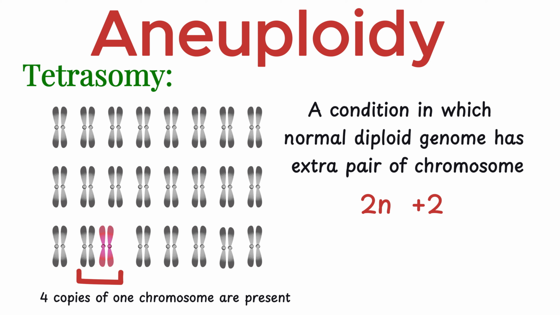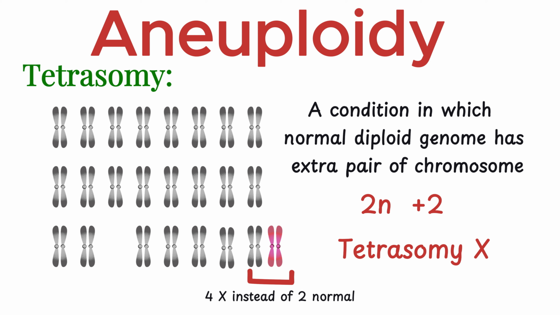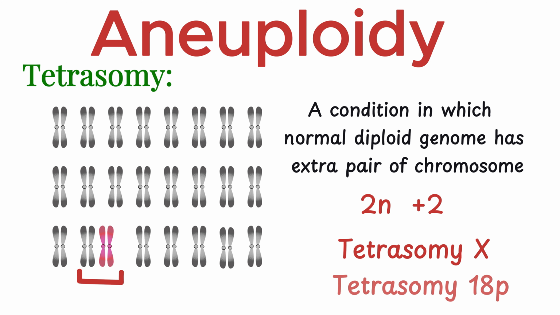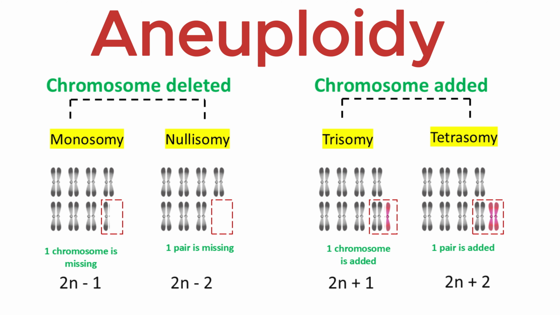In humans, examples include tetrasomy X, where females have 4 X chromosomes instead of 2, and tetrasomy 18p, where there are 4 copies of the short arm of chromosome 18. These conditions are rare and often associated with developmental delays and distinct physical features. So, these are the 4 main groups of aneuploidy.